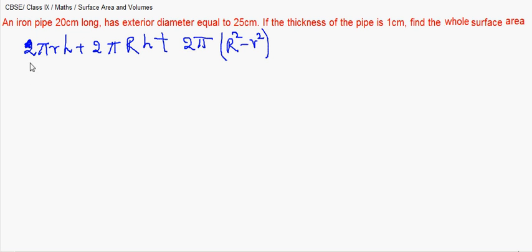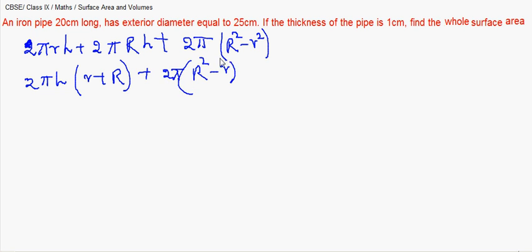In this case, I can take 2 pi h common, and that will leave us with R plus r, plus 2 pi into R square minus r square.